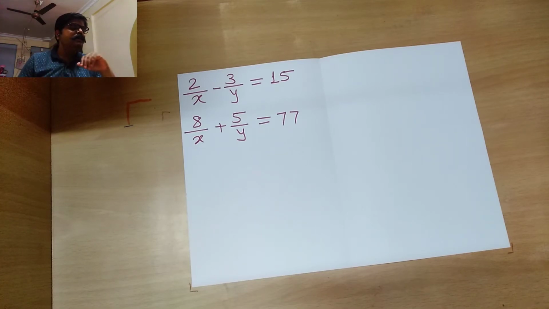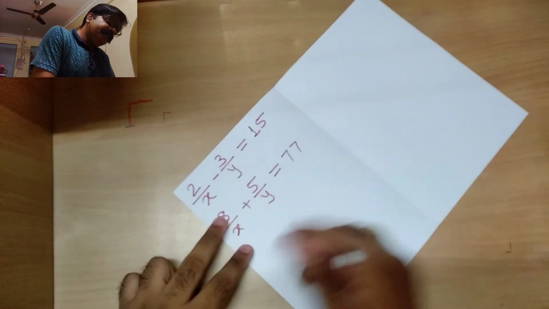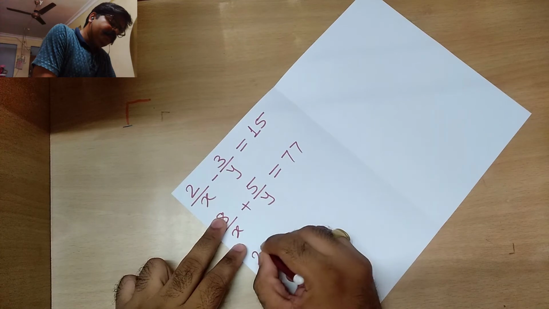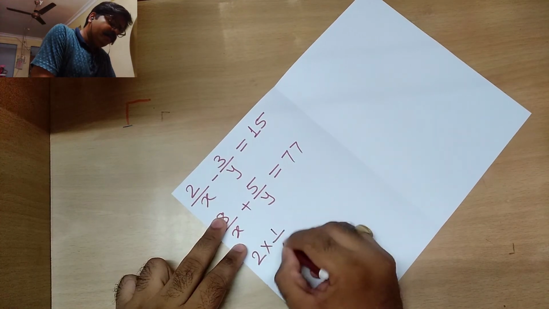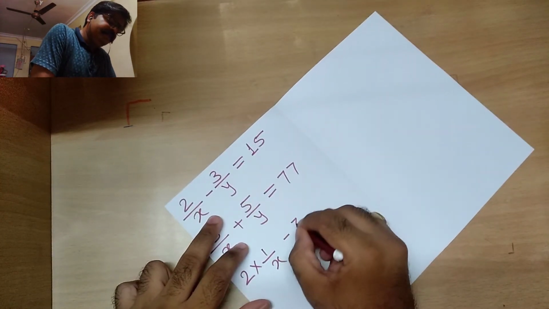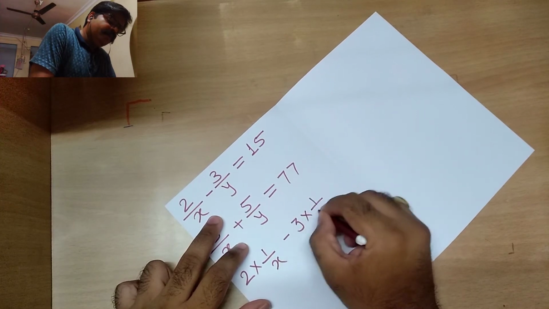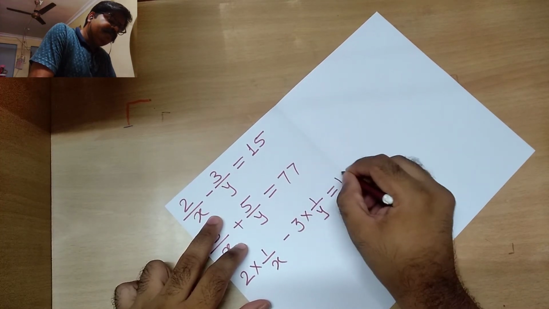Now see, let us have an example of a first equation. That first equation can be written like this as well. See, it can be written like 2 multiplied by 1 upon x minus 3 multiplied by 1 upon y is equal to 15.